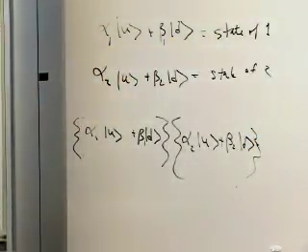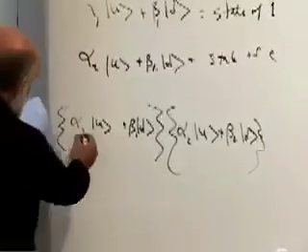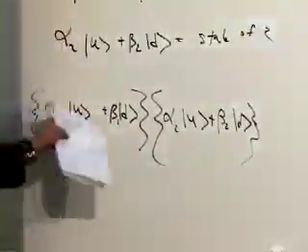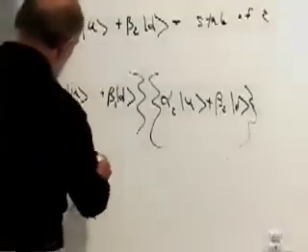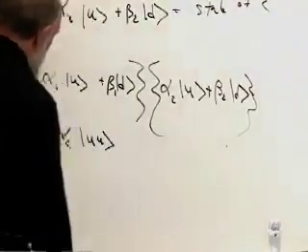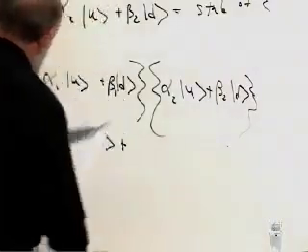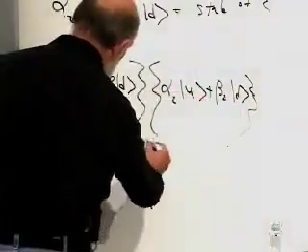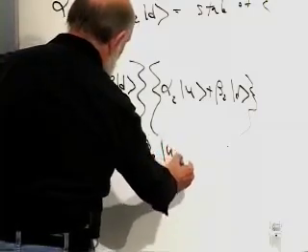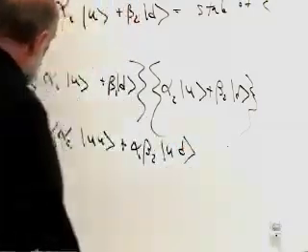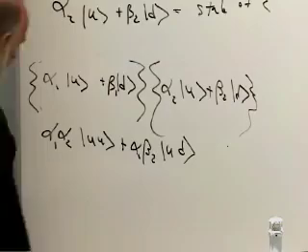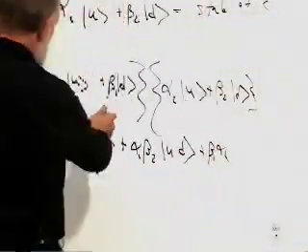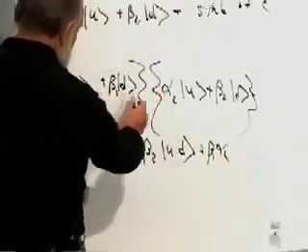And then read off from this the following object. Alpha 1, alpha 2 times both electrons up, up, plus alpha 1, beta 2 times the first electron up, the second electron down. Then beta 1, alpha 2 times down up.